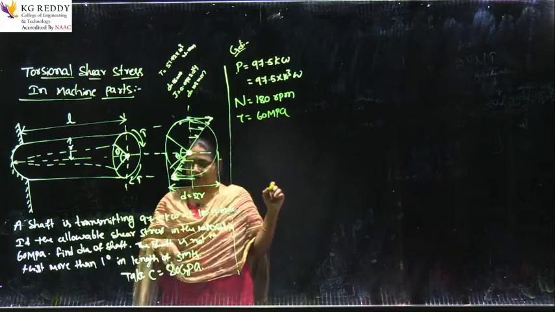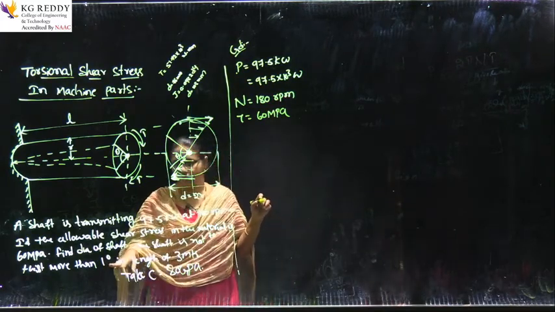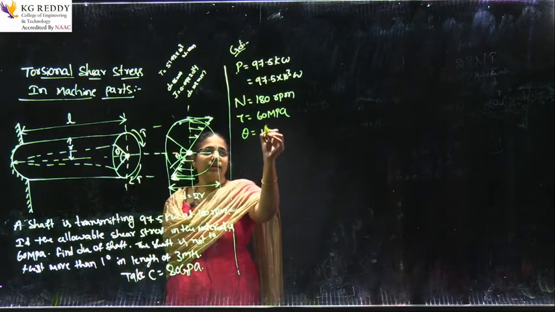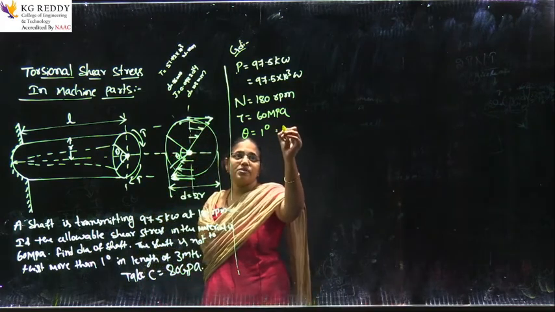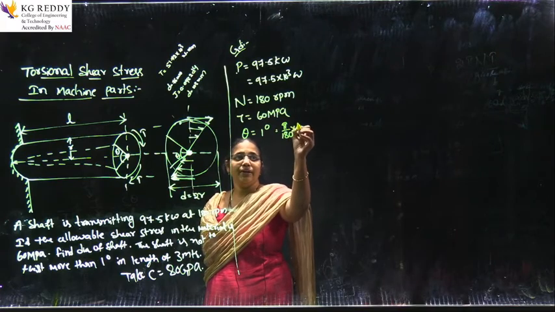And also the shaft is not to twist more than 1 degree. They have given theta in terms of degrees, but I want to convert this theta into radians, that is pi by 180 into 1.